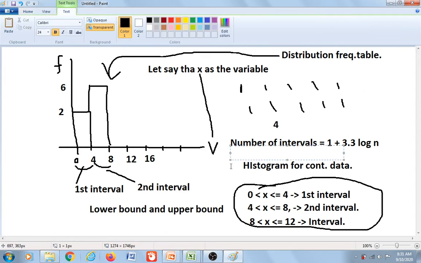And how long is the interval? So the length of the interval, it is the number of interval.